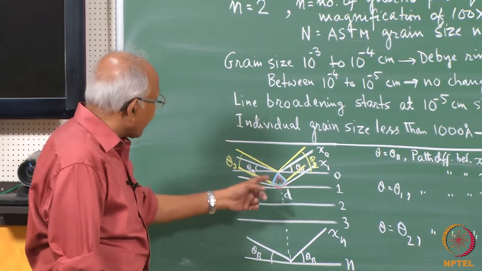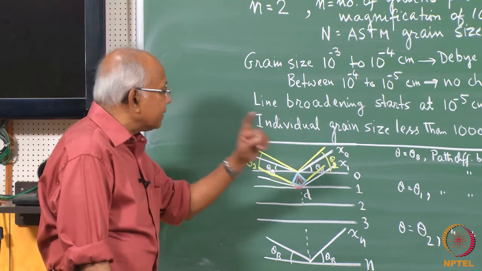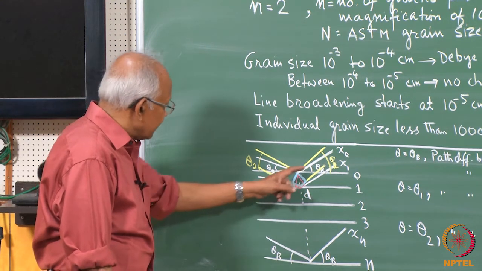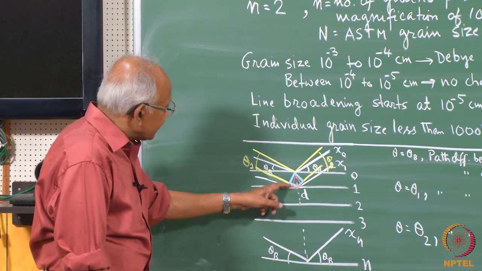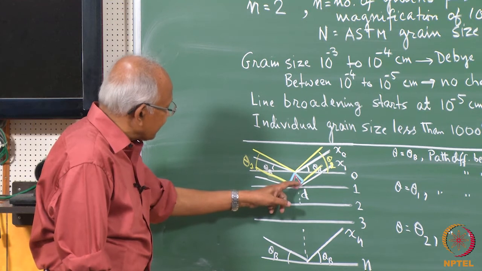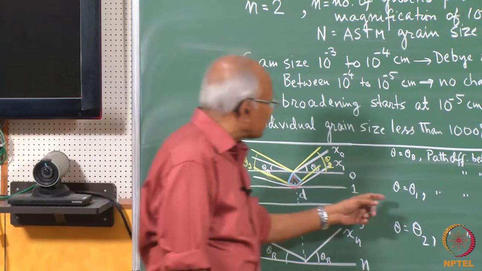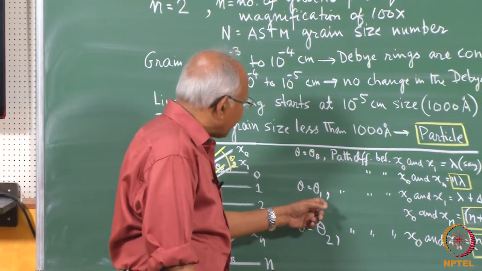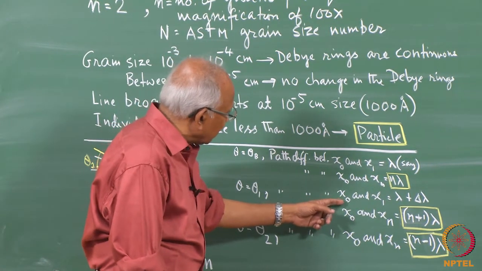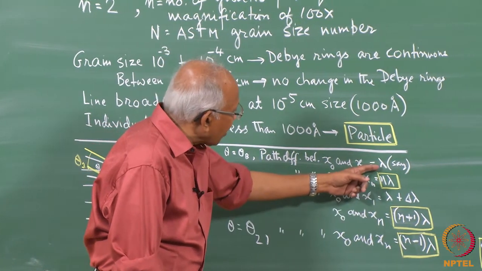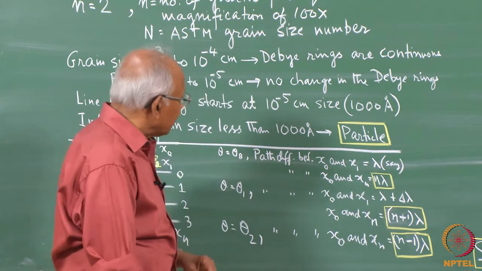In this case, the path difference between the two rays will be slightly more than the path difference between the same rays when the perfect Bragg law is satisfied. So, when theta is equal to theta 1, slightly bigger than theta b, the path difference between x0 and x1 will no longer be 1 wavelength, but lambda plus delta lambda.